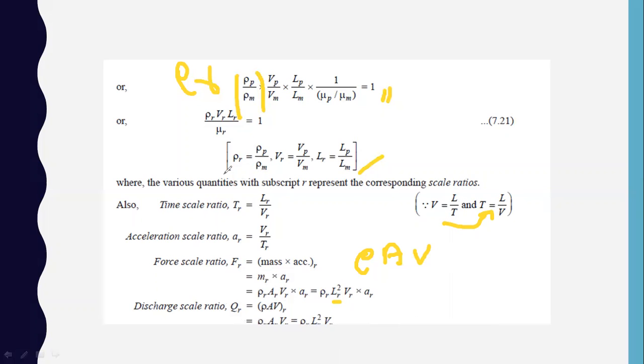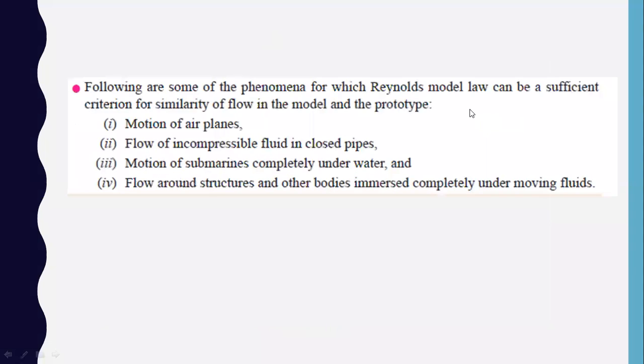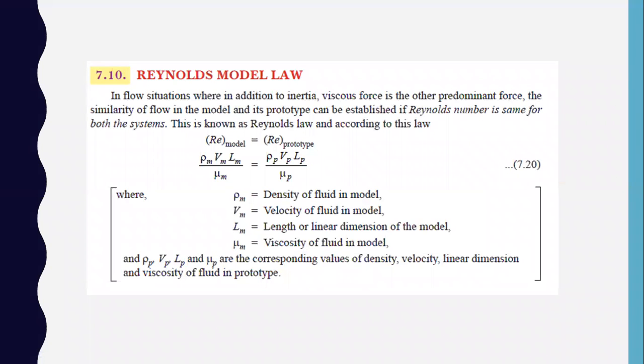So this is the Reynolds model. First, what we are doing is equating the conditions, that is, the Reynolds number of the model will be equal to the Reynolds number of the prototype.